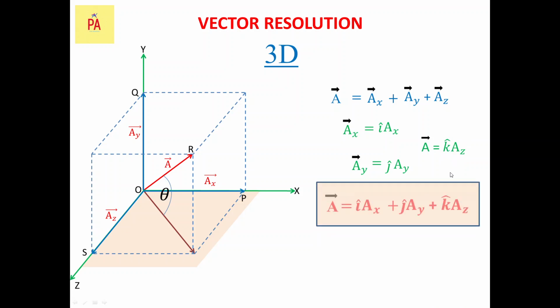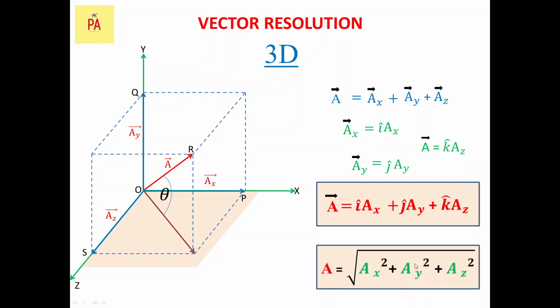Now you will have three vectors here. Vector A equals i AX plus j AY plus k AZ. Next, these three components, these three vectors, if you add them up vectorially, you will get vector A, whose magnitude is equal to root over AX square plus AY square plus AZ square.